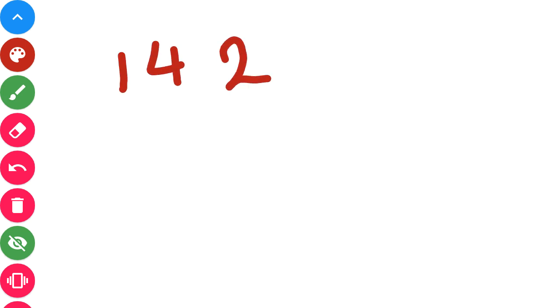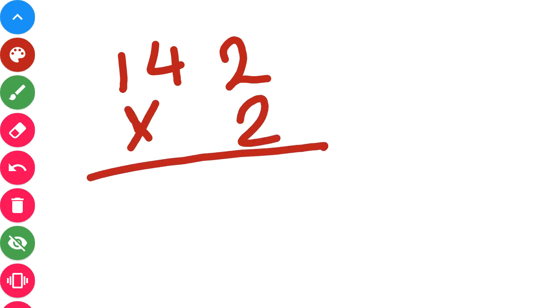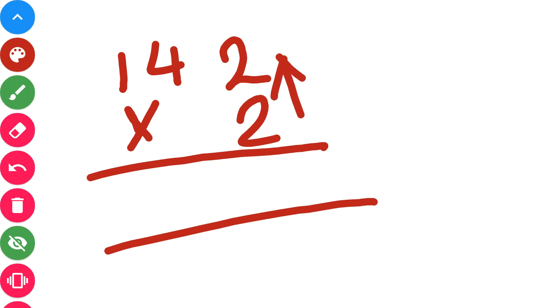142. Now I have to multiply 142 with 2. Now tell me the answer. How will we do this? We will start with the ones place. 2 2s are how much will we get? 2 2s are 4.